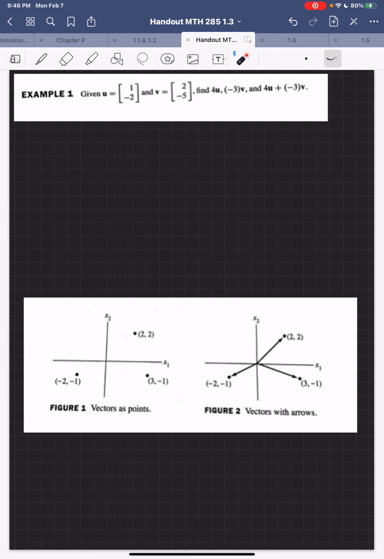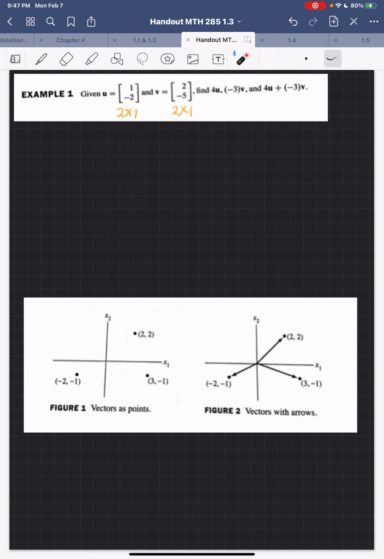So, for example, notice that, although you're not told this yet, what you're given here is a 2 by 1, there's two rows, 1 column. So this is a 2 by 1 matrix, and this is a 2 by 1 matrix.